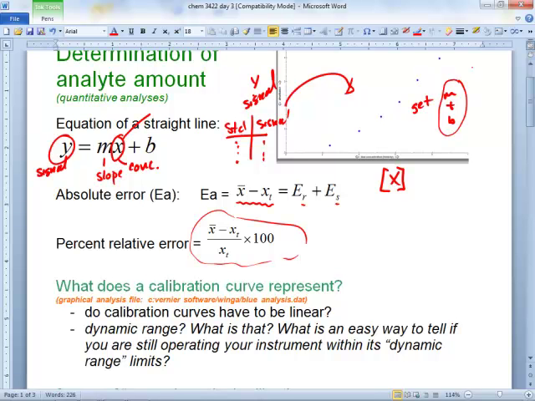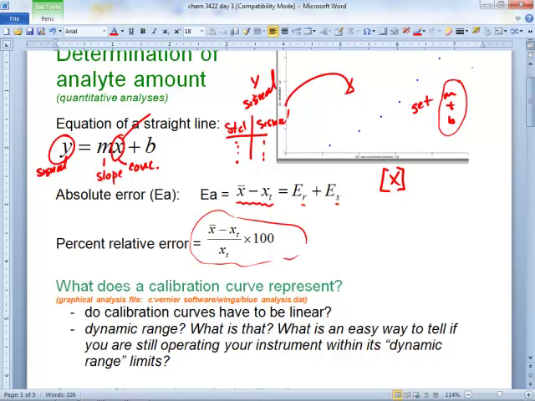Okay? And then you make all your standards, put them all in the machine. Here's all your concentrations. Put them in the machine, get all your signals, plot it, get your little m and your little b. Then you put this guy in the machine. Get a signal, and then you can calculate what? The concentration, right?